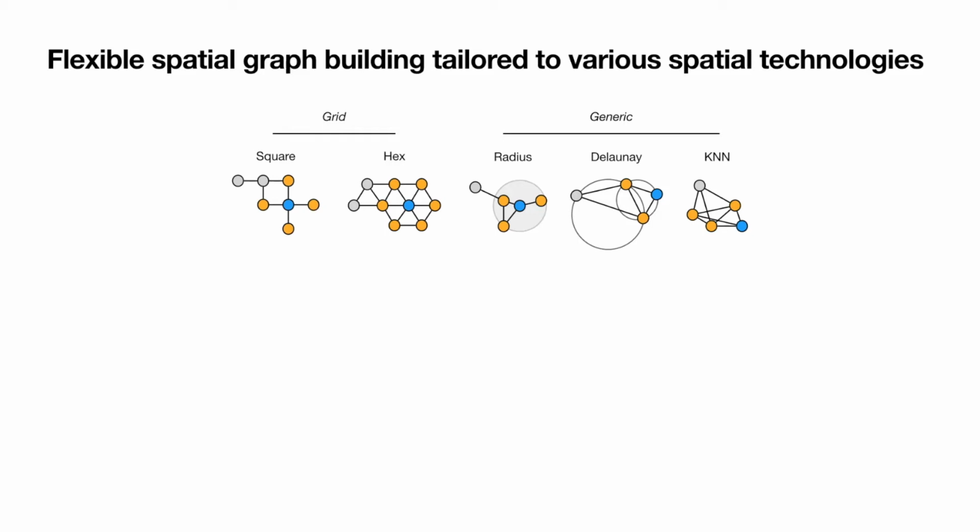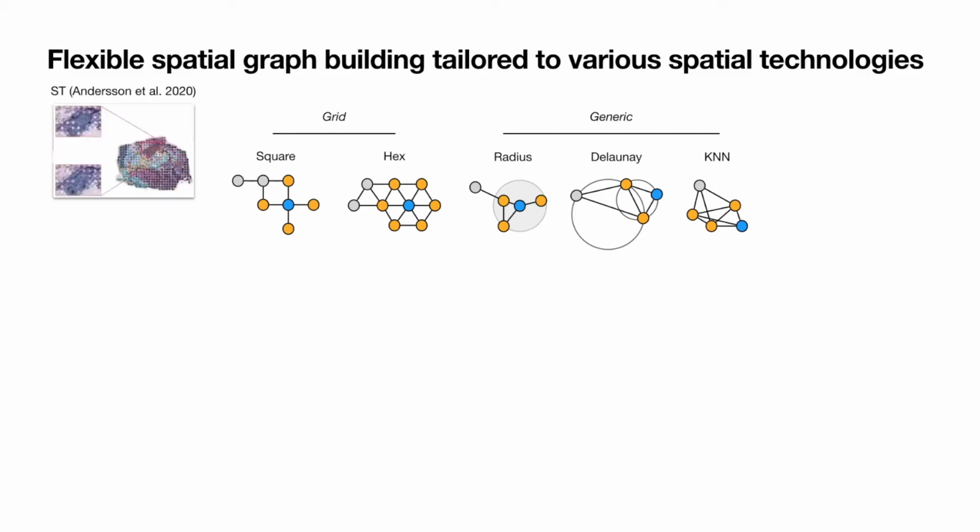So you can build a really regular graph just based on a square or a hexagon, or you can build more generic graph building methods where you just have a point cloud and try to connect points that are close to each other, using either a radius-based method or the Delaunay triangulation, or you could use something like a KNN graph with a sufficiently low number of neighbors that you want to connect.